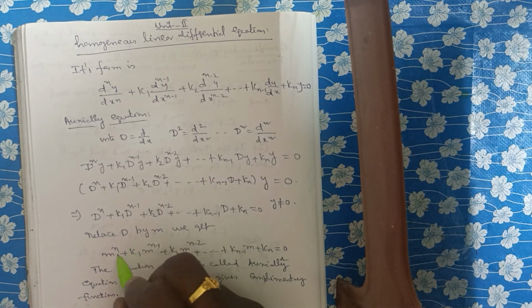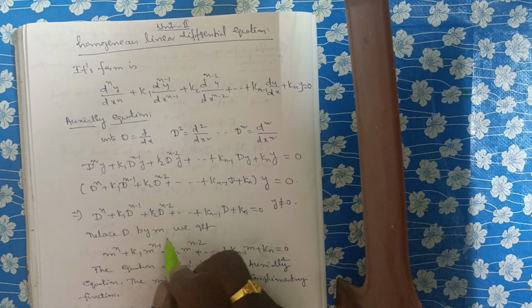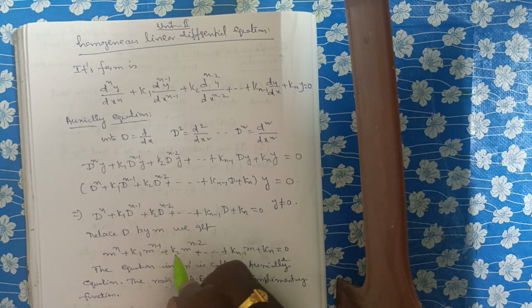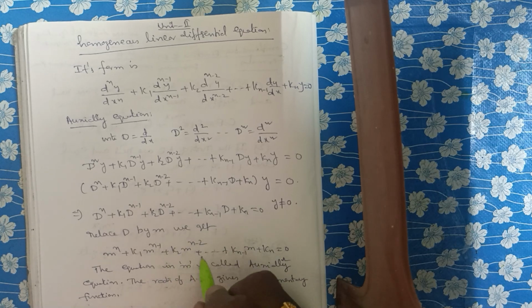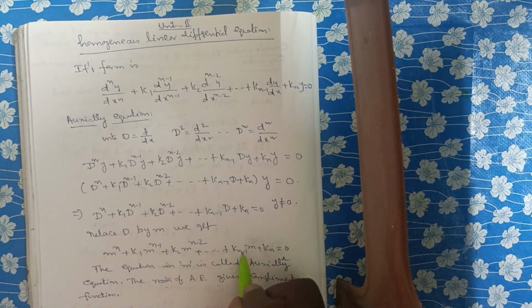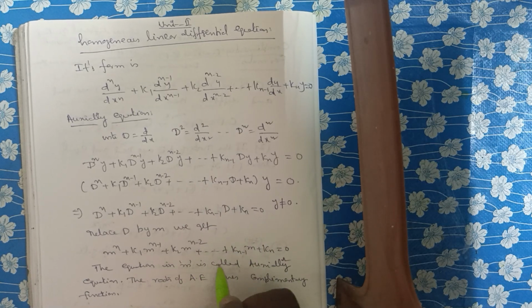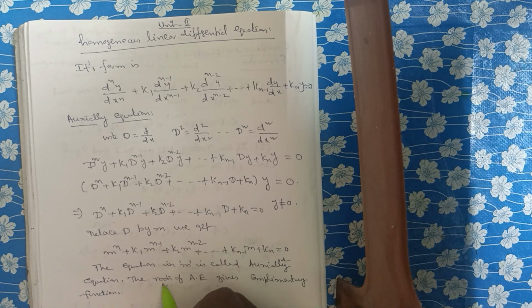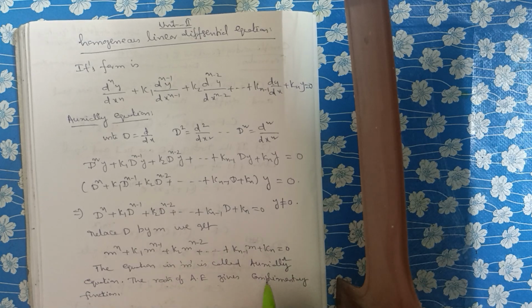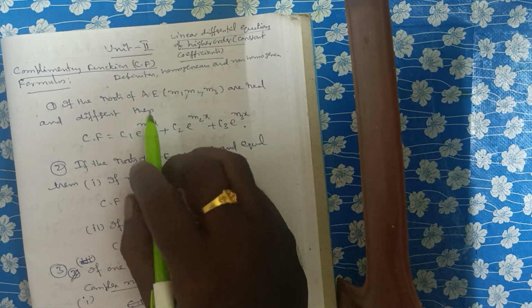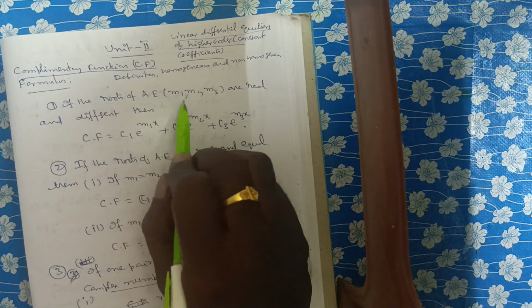Now replace D by m, we get m^n + k1 m^(n-1) + k2 m^(n-2) + ... + k(n-1) m + kn = 0. The equation in m is called the auxiliary equation. The roots of the auxiliary equation give the complementary function. The complementary function depends on the roots of the auxiliary equation.